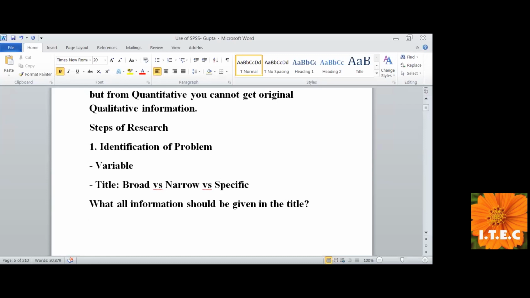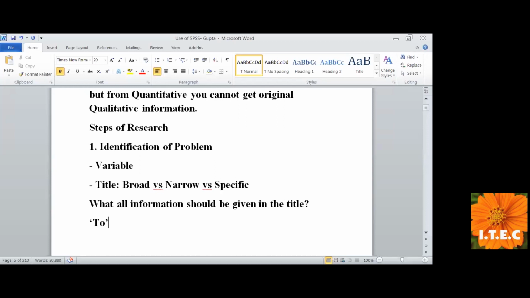Another thing you should know, can a title start with the word "to"? If you want, I can give you so many examples from Shodh Ganga where the PhD degree has been awarded and the title started with the word "to".